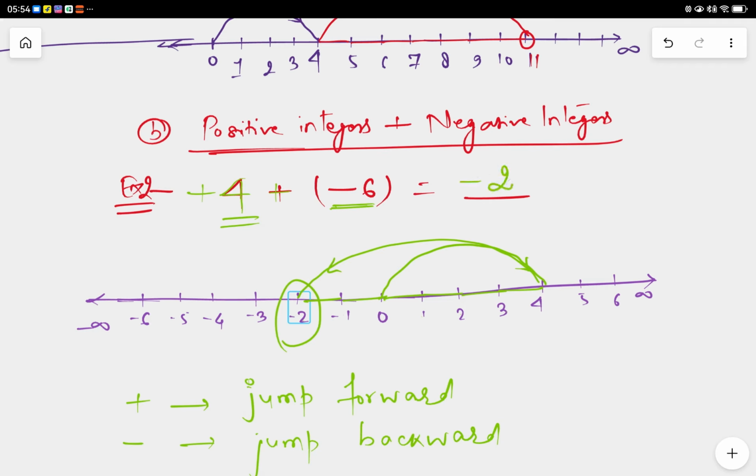So whenever a positive integer is added with a negative integer and the negative integer is bigger, if you just see the positive part of this negative integer is 6, then that particular sign follows.